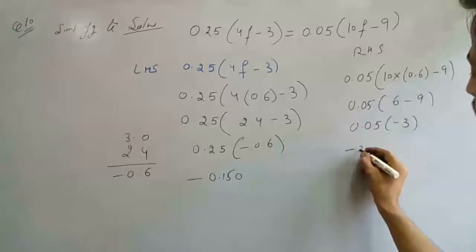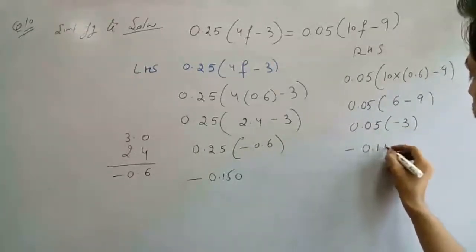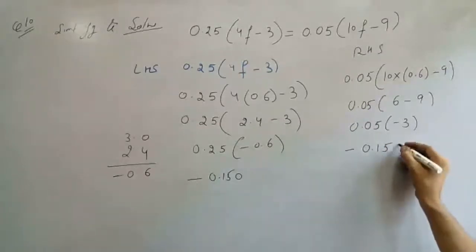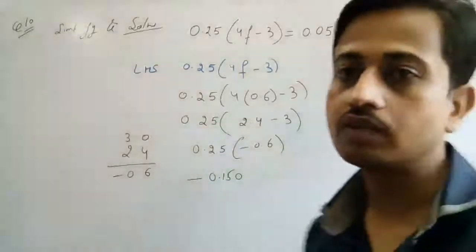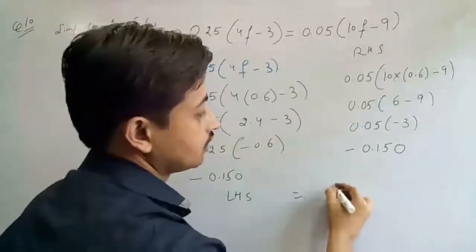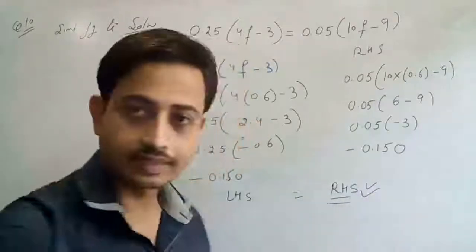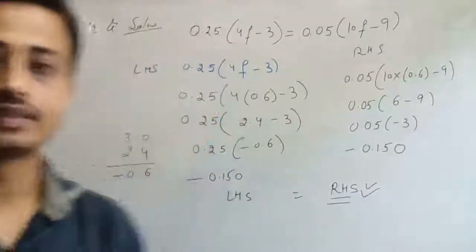So if we do minus 3 into 0.05, we get 0.150. So this is our left hand side, and this is our right hand side. Please make a note.